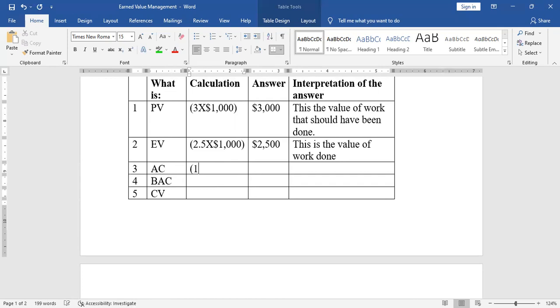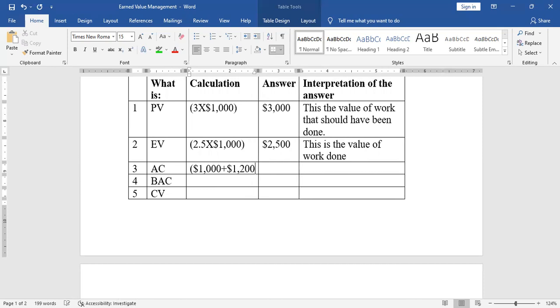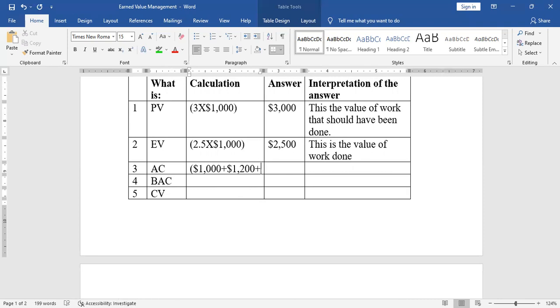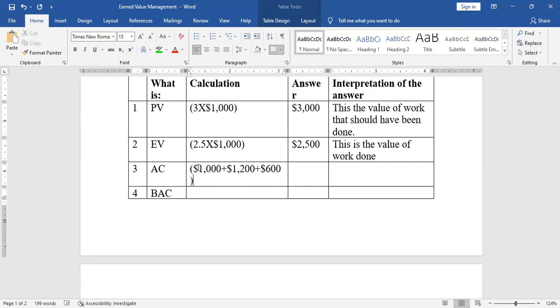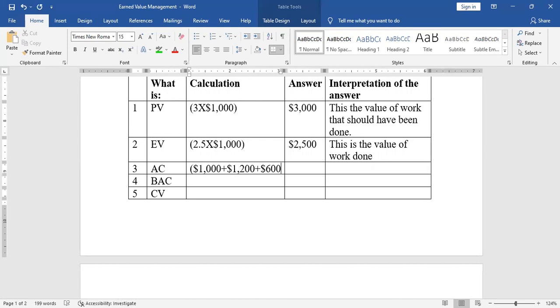The answer here is 2.8. The amount spent, the actual amount spent.